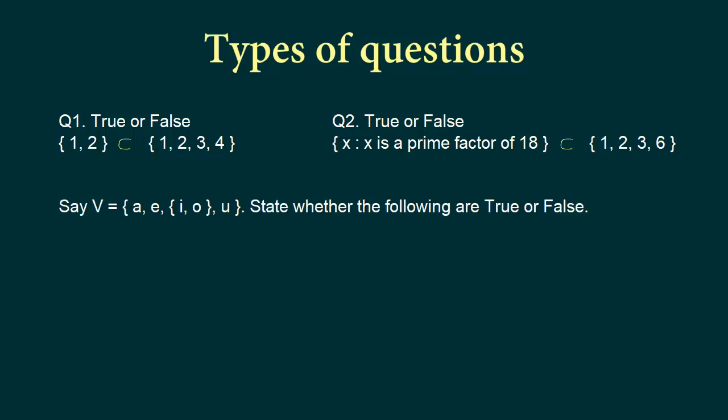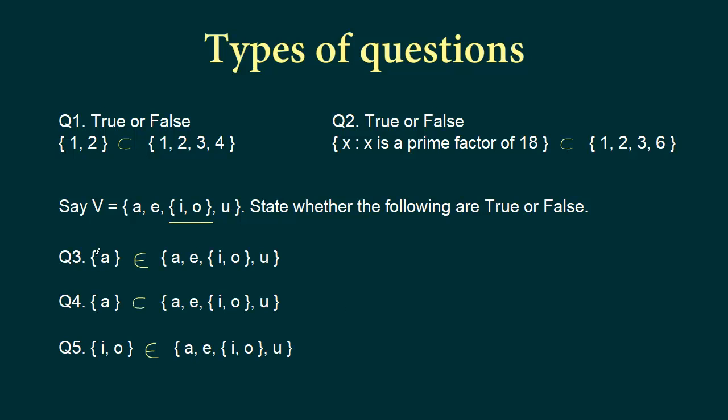Now let's say uppercase letter V is a set that contains A, E. It contains a set that has elements I, O and another element U. Now state whether the following are true or false. So we have three questions here.